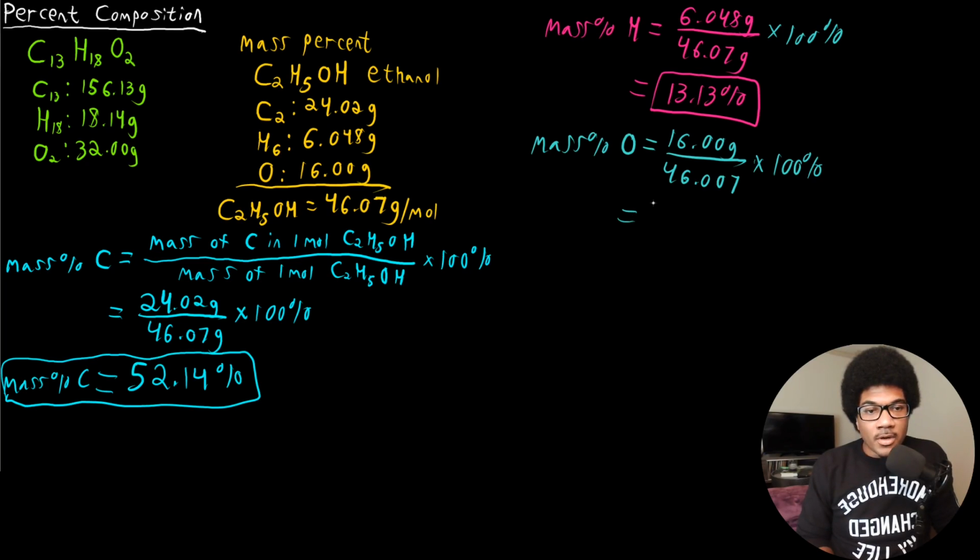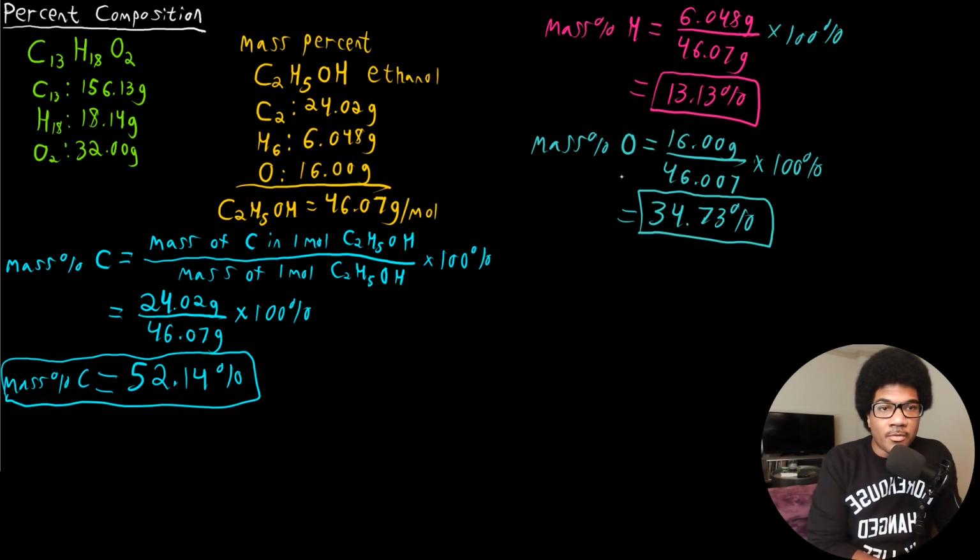And so that's going to give you 34.73% for the mass percent for oxygen. So this gives you the total mass percent for each contribution of each atom in the molecule.